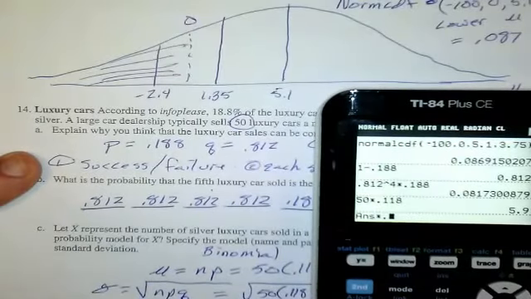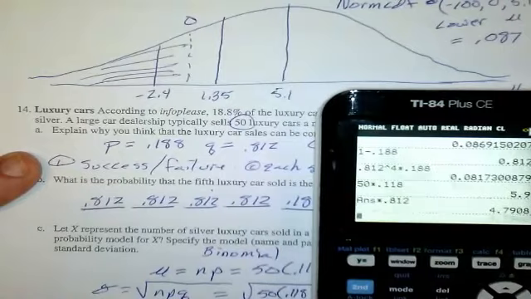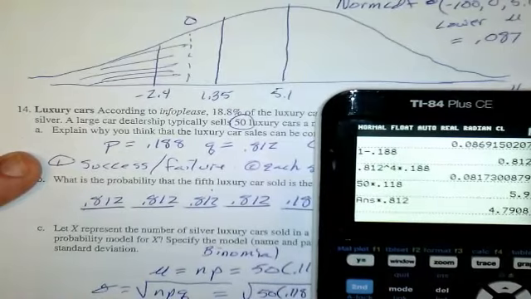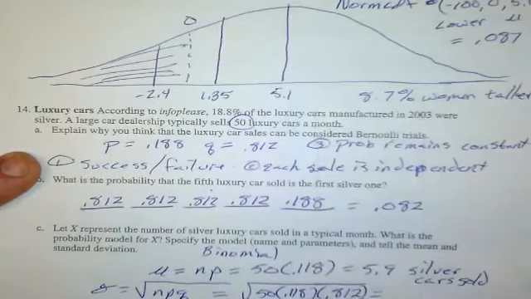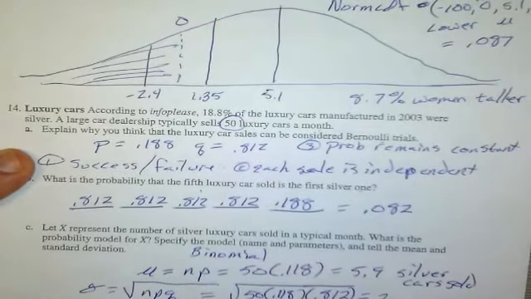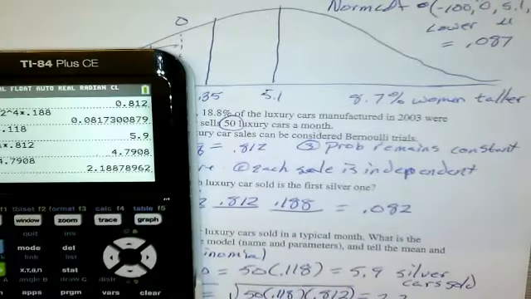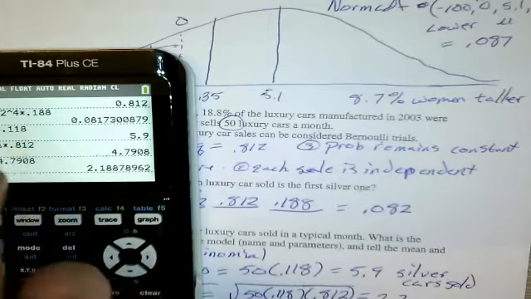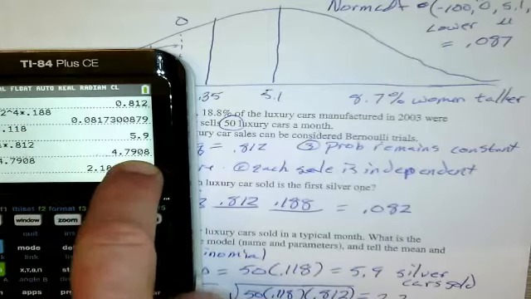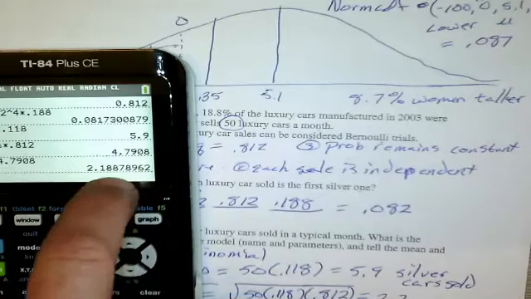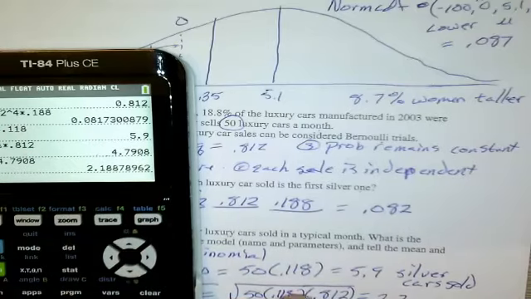With a standard deviation of about 2.2. So I took 50 times 0.18 times 0.812 to get 4.7908 and found the square root of it, which gave me my standard deviation, the square root of NPQ.